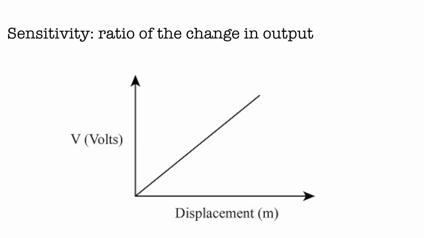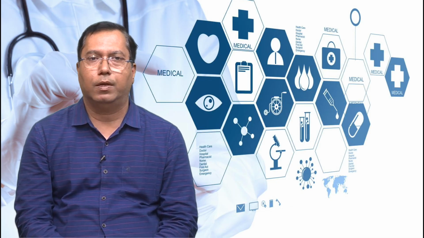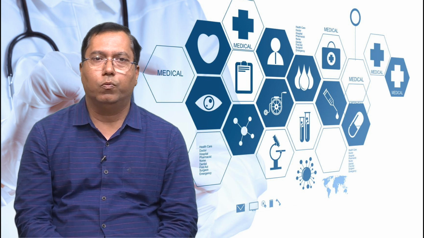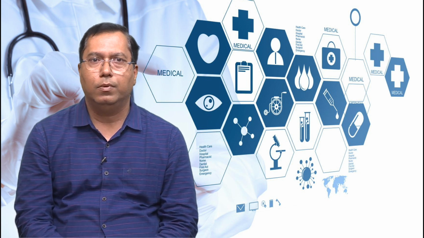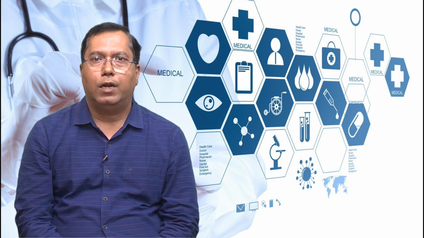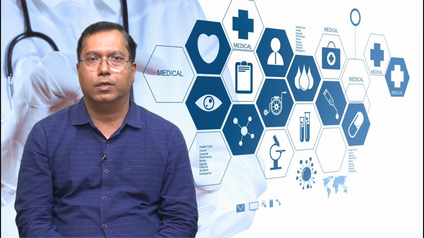Sensitivity represents the ratio of the change in output signal to the unit change in input quantity. In any sensor there will be some input physical quantity and some output in readable form. The ratio of the change in output signal to the change in input quantity is called sensitivity.